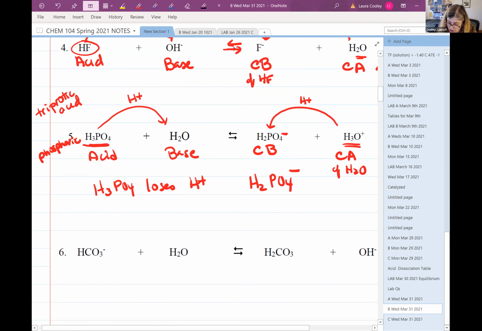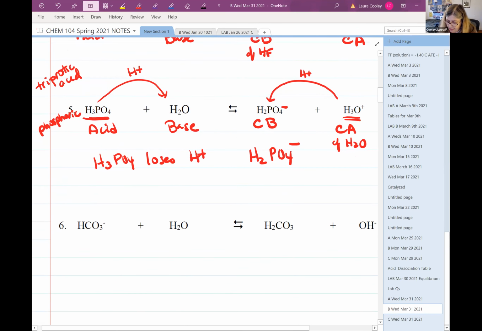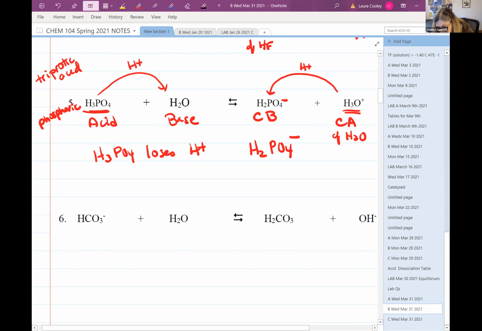Okay, so that's how that would go. And here's an interesting one. I left this one for last. Okay. Here's an interesting one. So at first glance, which way might you think that the proton goes over here?